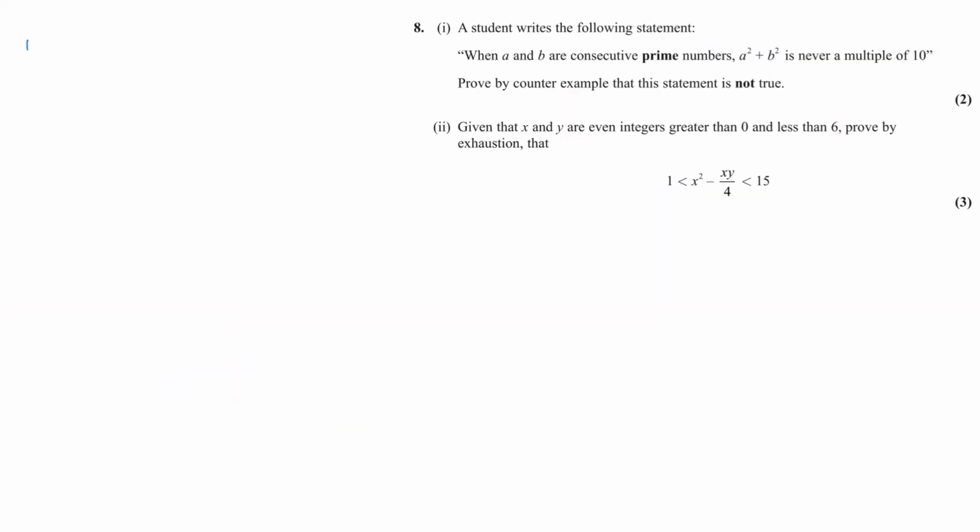Okay, question 8. Prove by counterexample this is not true. So prime numbers 2, 3, 5, 7, 11, 13 and so on. Never a multiple of 10, so 2 and 3 ain't gonna work because that's 4 and 9. 3 and 5 is 9 plus 25.